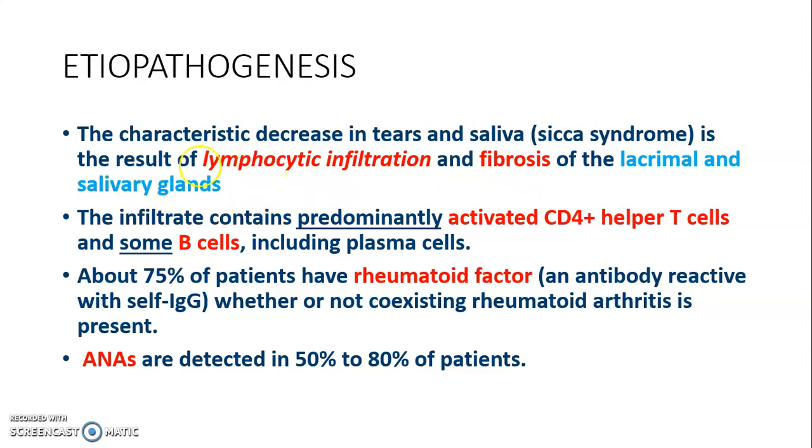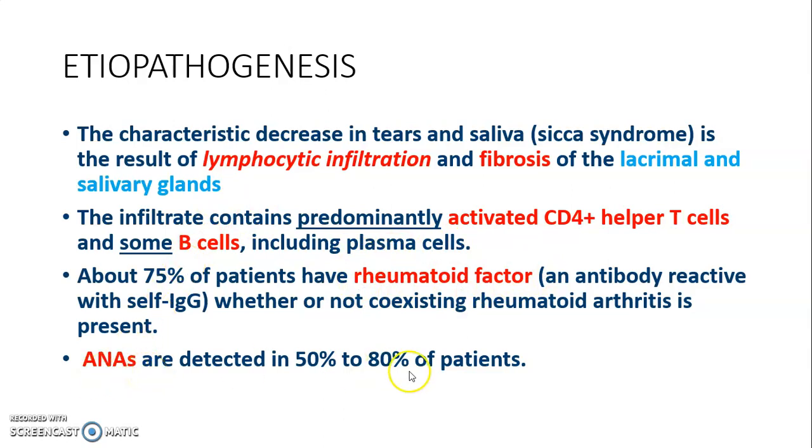The infiltrate contains predominantly activated CD4 helper T cells and few B cells, including plasma cells. 70% of the patients have rheumatoid factor and antibodies reactive with self IgG, whether or not coexisting rheumatoid arthritis is present. So 75% of patients will have rheumatoid factor.